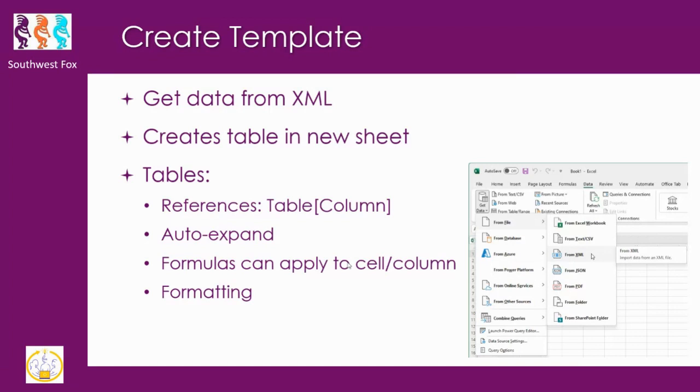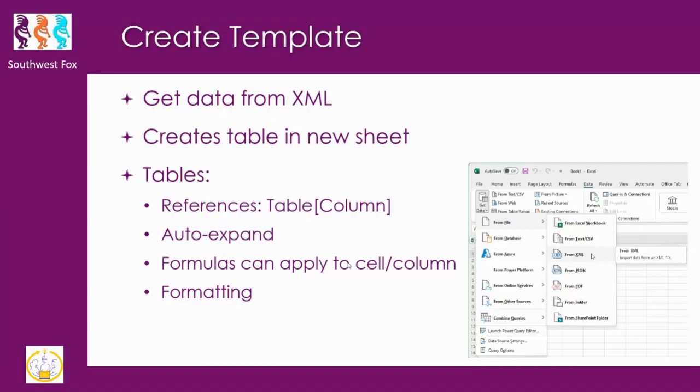I'm not sure. But tables are much better than just rows and columns of data because you can reference them by name. Instead of saying A1 or B13 or whatever, which, as you know, if you've worked with Excel for any amount of time, as soon as we insert a new row or a new column, now my formulas may or may not work anymore, right?